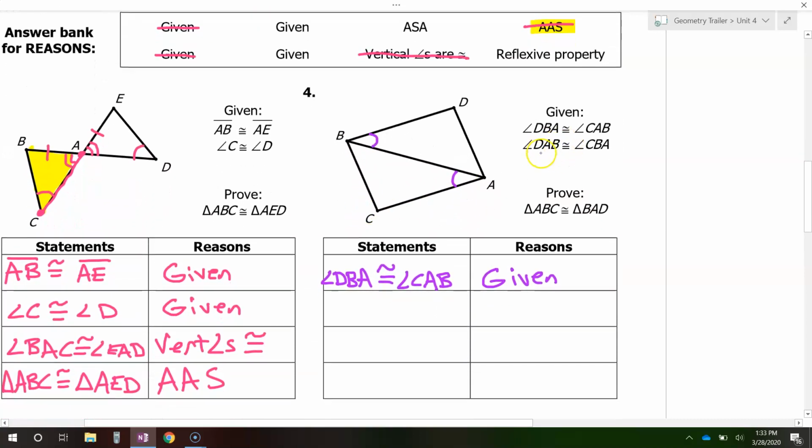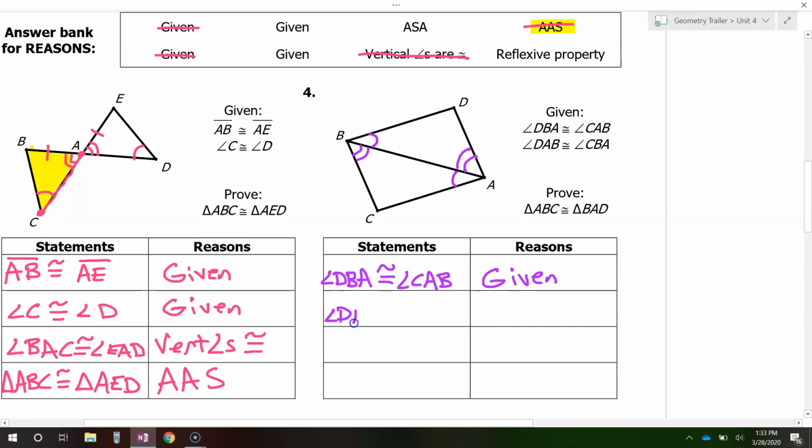Okay. We have another given, angle DAB. All right, so DAB is going to be this angle right here. Is congruent to angle CBA. CBA, that's going to be this angle right here. All right, let's write that down.